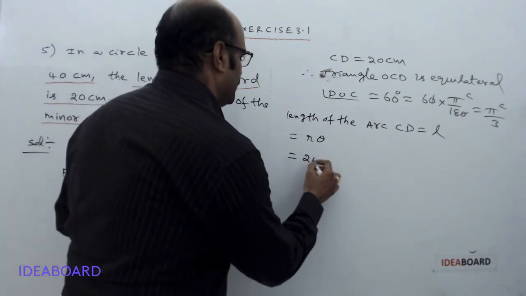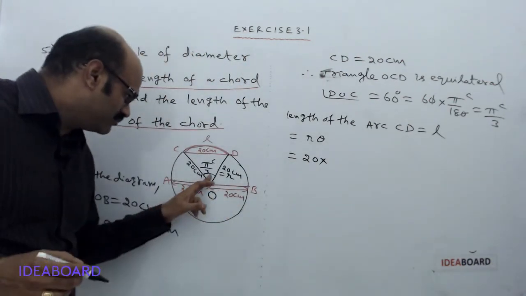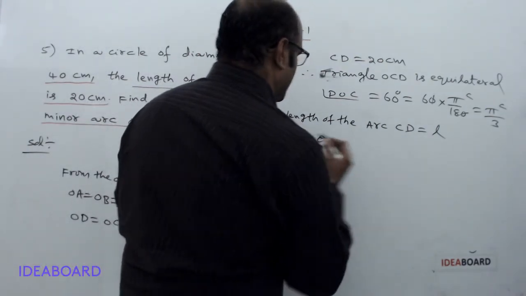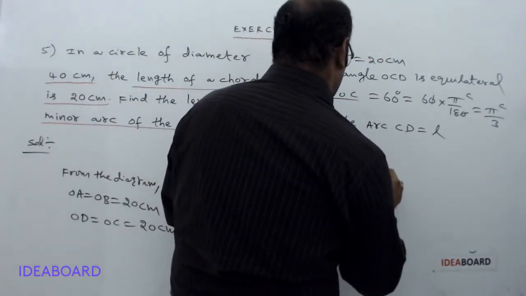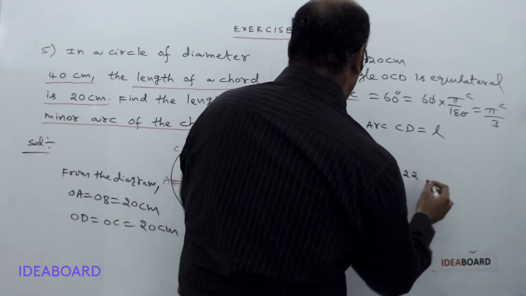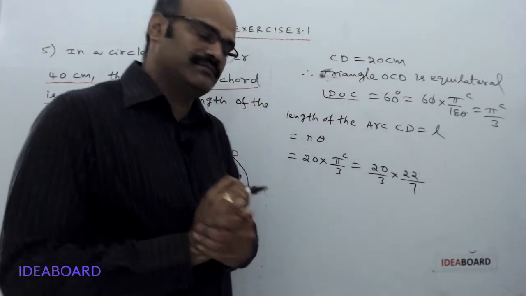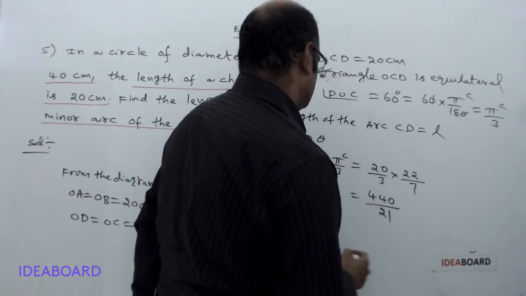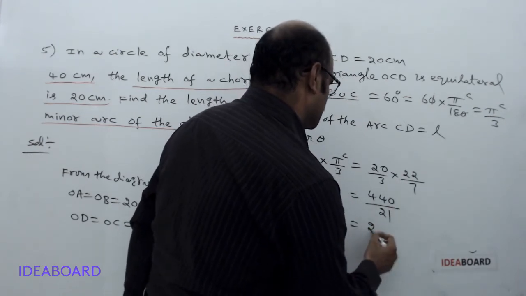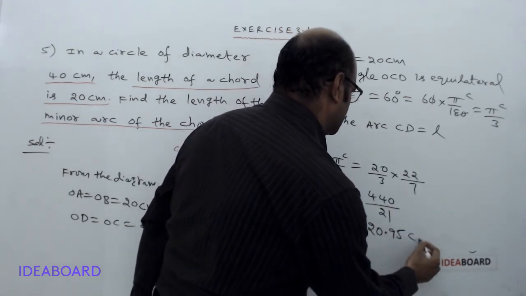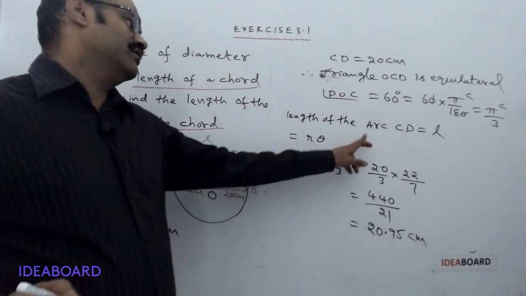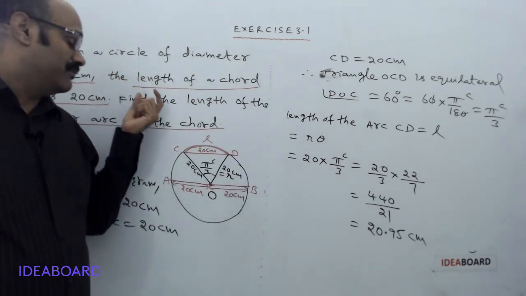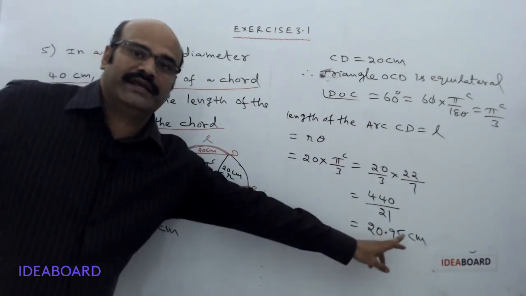So 20 into pi by 3 radians, which is 20 by 3 into 22 by 7, since pi is 22 by 7. So equal to 440 by 21. After simplification we get 20.95 centimeters. Therefore the length of the arc L, according to the problem, is 20.95 centimeter.